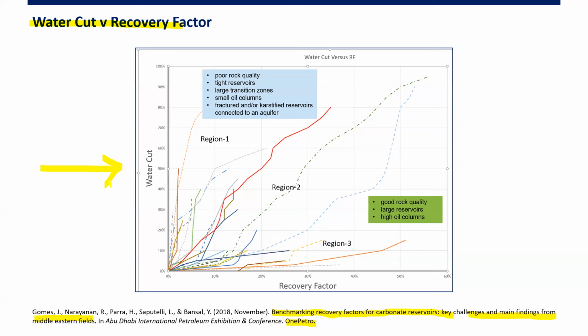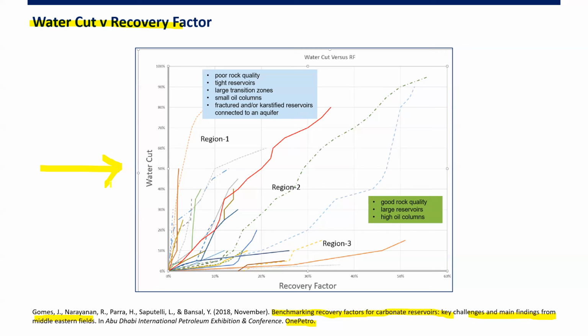Let's say you have one block, and within one block you have several fields, and you want to compare the performance of those fields. You can create this type of plot, water cut versus recovery factor. And let's say within the same field you have several reservoirs, and you want to compare the performance of those reservoirs coming from the same field. Again, you can still use this type of plot to understand more about that field and those reservoirs.